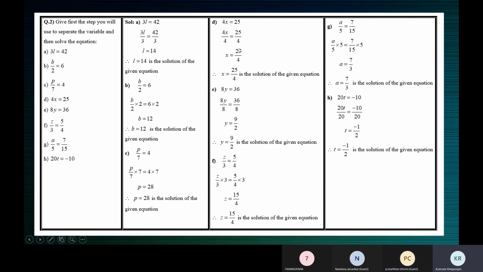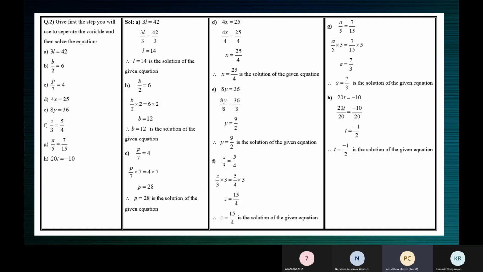Matthew, try D. Yes, ma'am. Ma'am, 4x is equal to 25, ma'am. So x is the variable, ma'am. We should divide both the sides by 4, ma'am. Okay. So x will be separated. 4 will be cancelled, ma'am, and x will be separated.